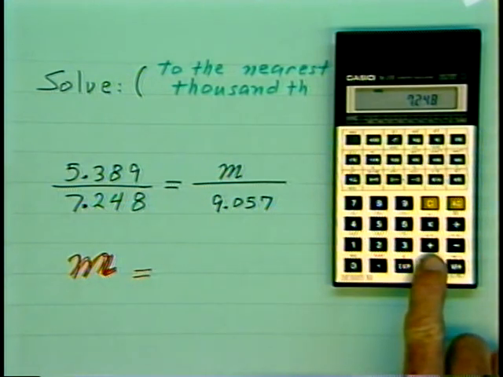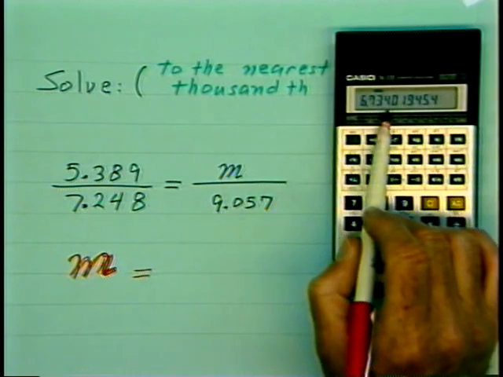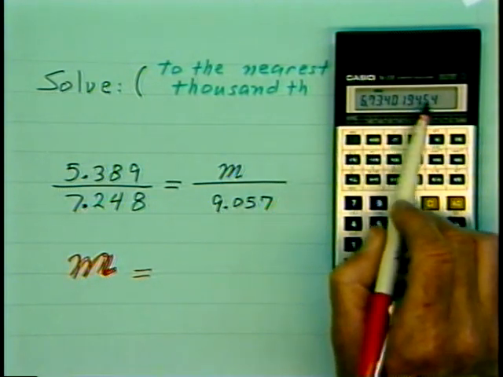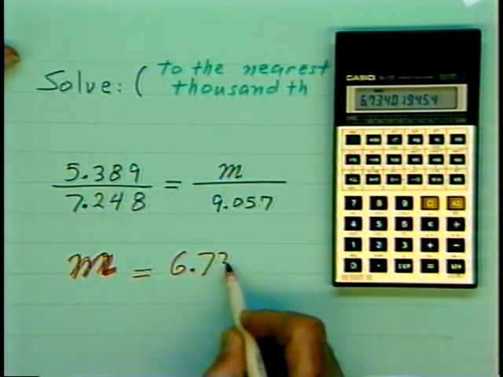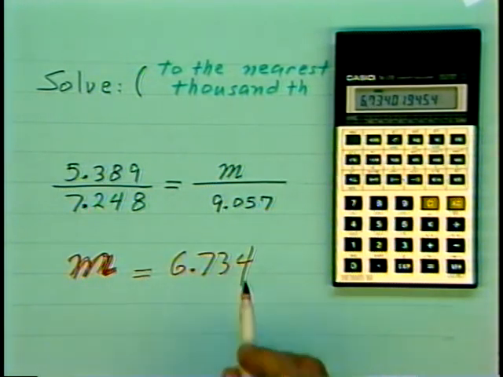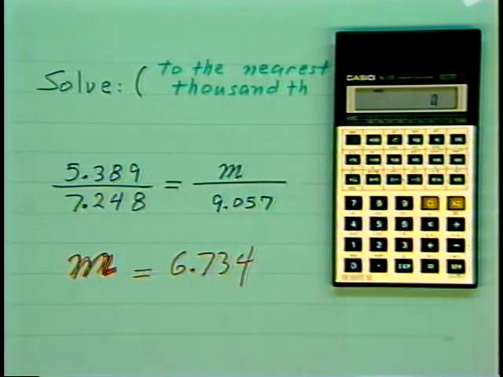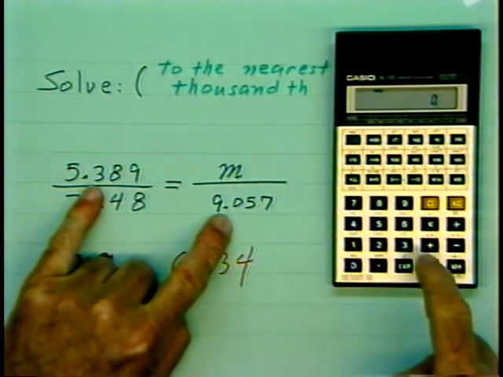As soon as we punch the equal, it is 6.734 to the nearest thousandth. The digit before that is less than 4, so I round down, so it's 6.734. And again, we mentioned the calculator is so fast that always when you're finished, very quickly redo the problem.